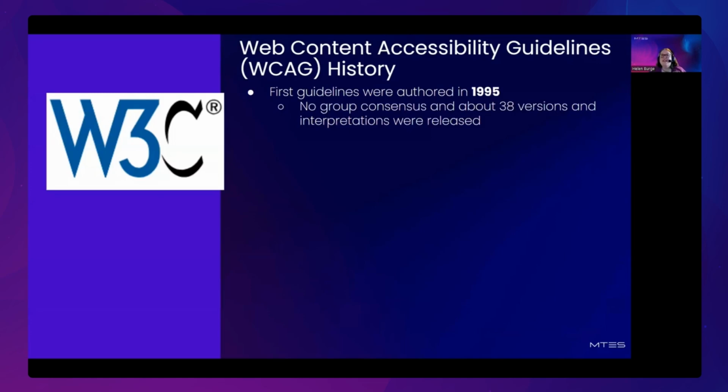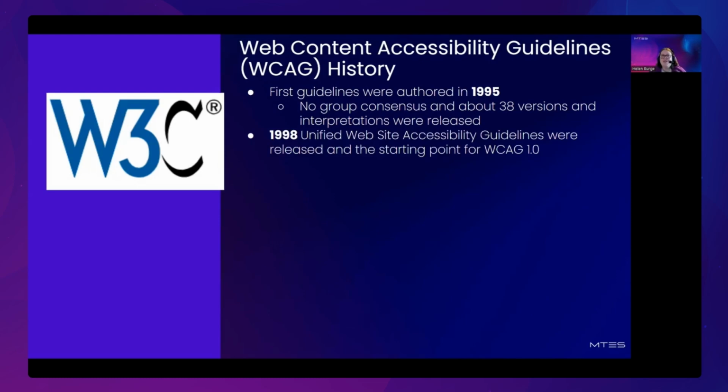However, this meant 38 versions of guidelines were published. Can you imagine trying to find one that you can follow when there's so much different opinions on what is accessible? So in 1998, 3 years later, they unified these versions into the Unified Website Accessibility Guidelines.